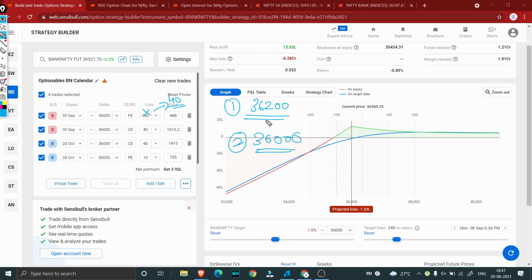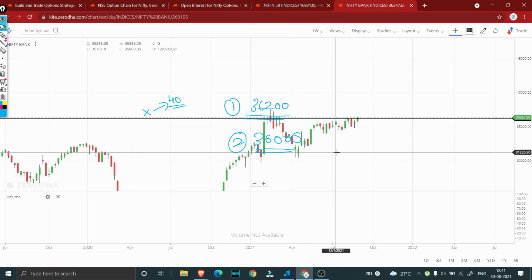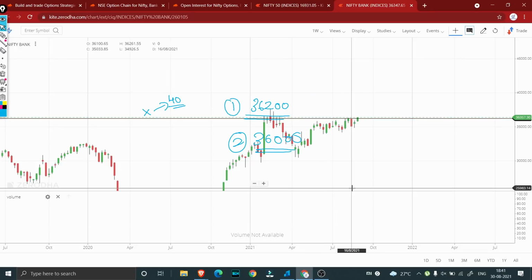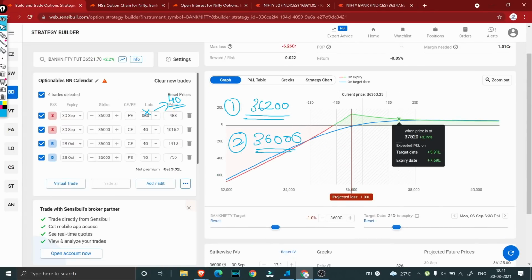Today it showed a strong up move of 700 points, breaking 36,200, and even open interest is supporting it quite a lot. If it is able to sustain this on a weekly basis, then we can witness some up move coming in towards 37,000. In that case, this trade is going to be really amazing. We are going to get around 7 to 8 lakhs from this particular trade.